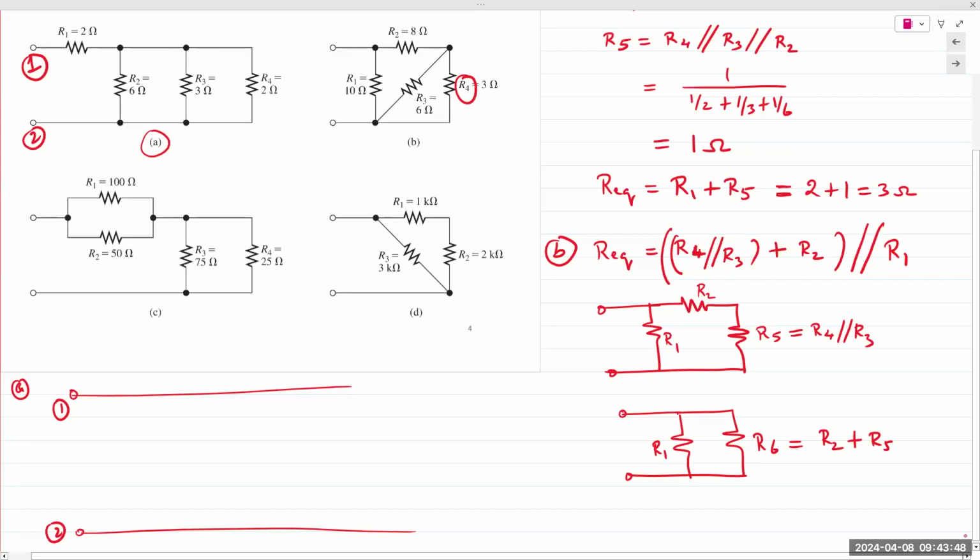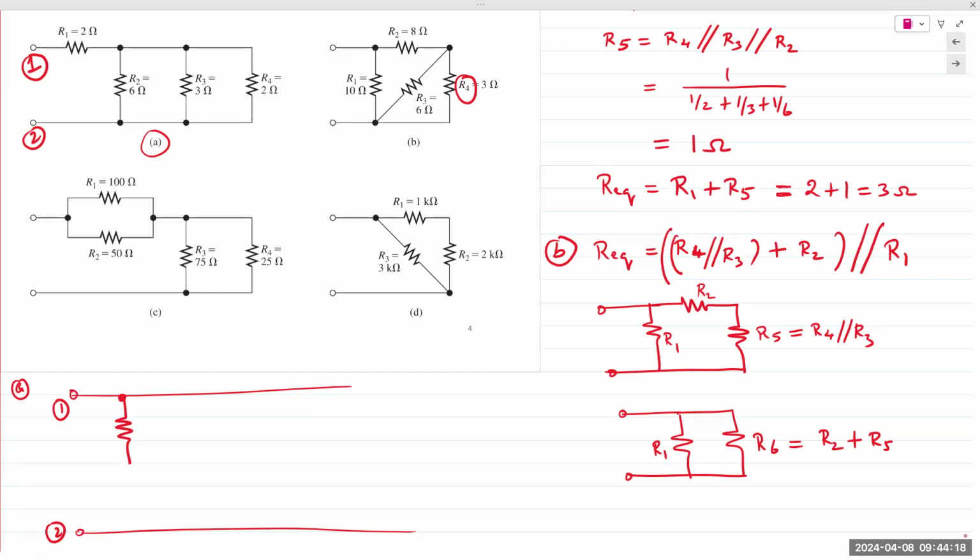In this technique, I take all resistors connected to each of those terminals and I lay them out vertically. So going from terminal 1 to terminal 2, because those are my terminals of measurement, right? I would start off with the first resistor connected to terminal 1, and I'm going to draw it vertically going towards 2.